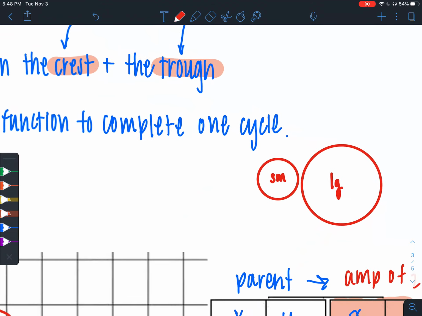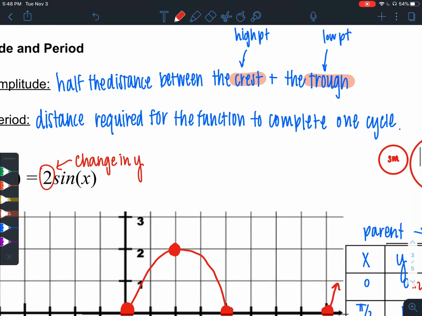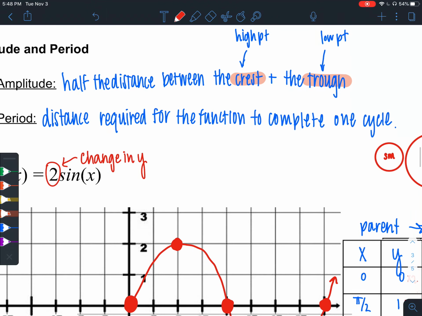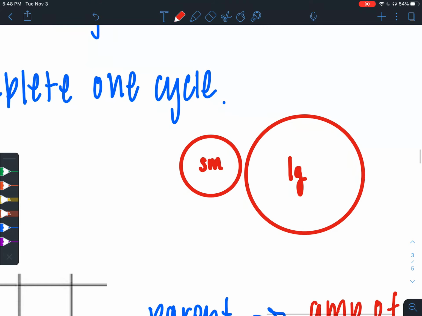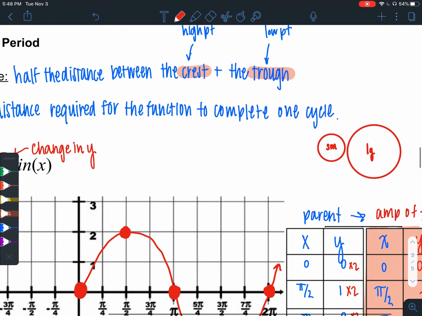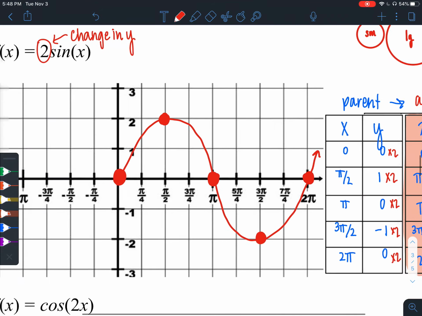So basically what the period is saying is that the radius of our circle has gotten smaller, so then the cycle is going to complete faster or slower depending on that value.